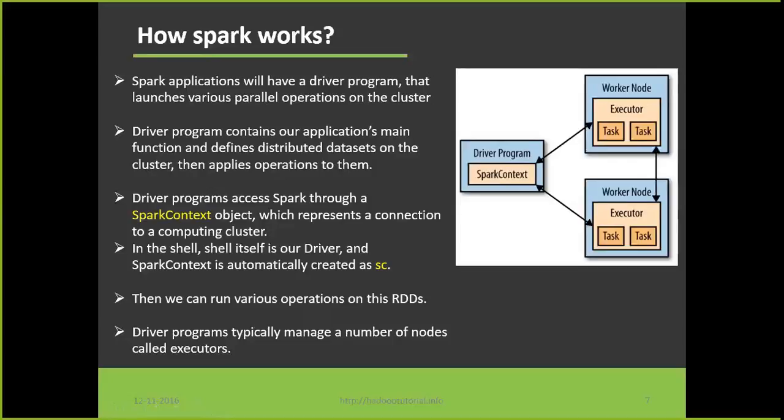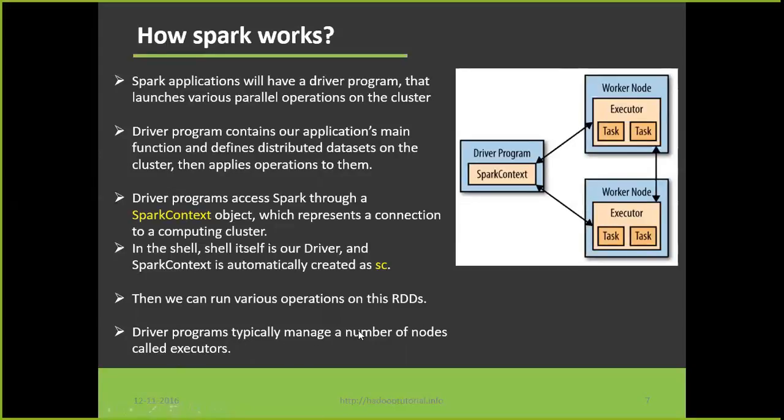Two types: transformations and actions. Driver programs access Spark through a SparkContext object, which represents a connection to a computing cluster. In the shell, the shell itself is our driver, and SparkContext is automatically created as sc. Then we can run various operations on this sc and create RDDs and whatever you want to do.